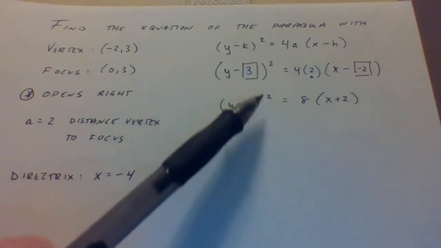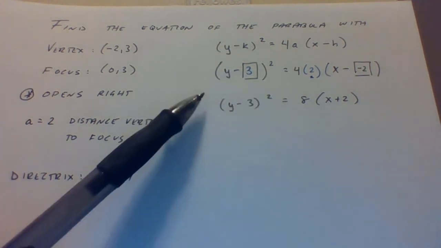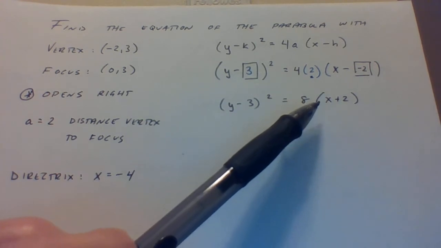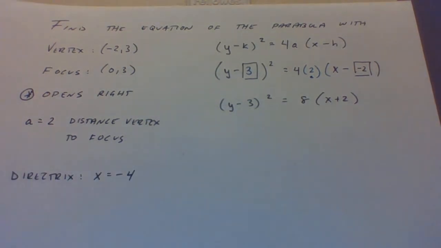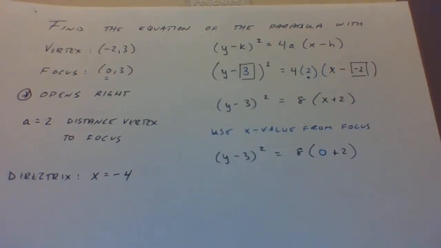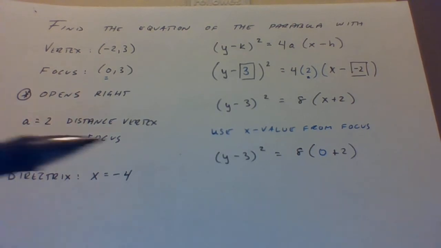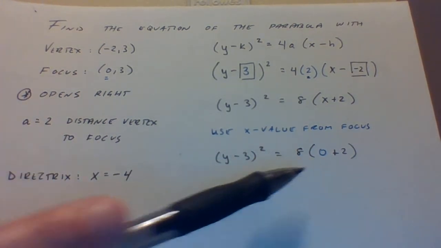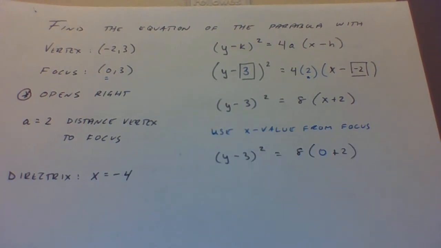So my squared terms here involve my y values. My non-squared terms involve my x values. So I'm going to be using the x value off my focus. My x value is a 0, and once I go plug that in on this right-hand side, I'm going to get 8 times 2, or 16.